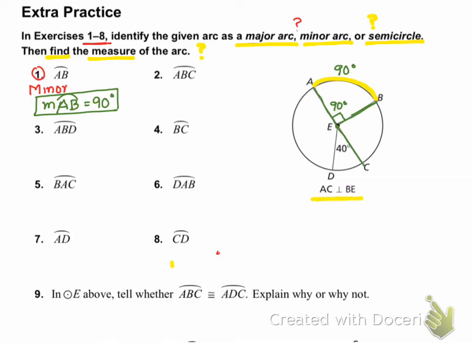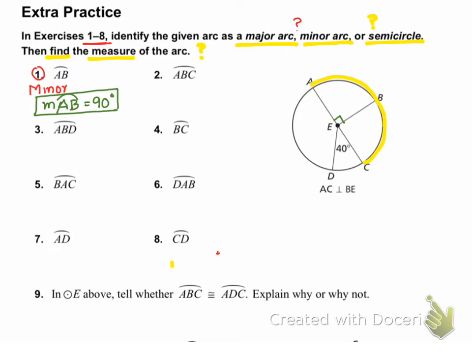All right, so that's our answer for the first one. Let me remove this here. I'm just going to make a 90 degree symbol there so that we know it's perpendicular. So let's move to the next problem, which says to find arc ABC and decide what it is. We start from here, ABC.